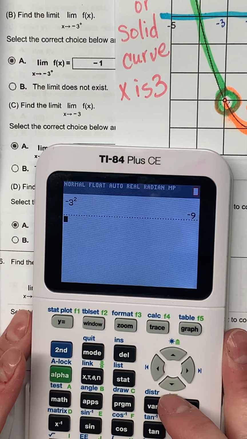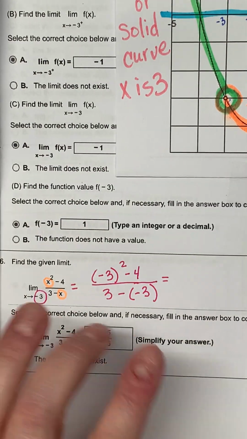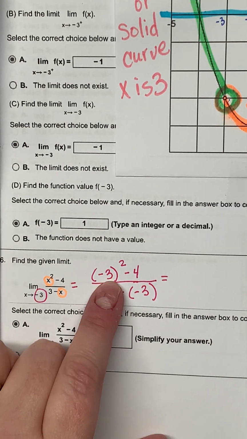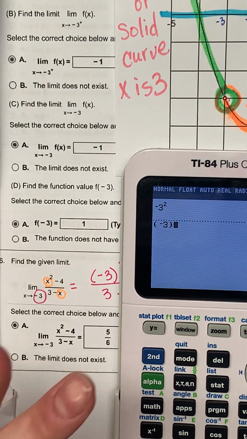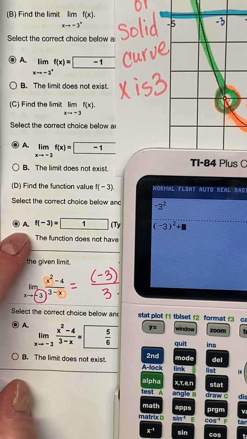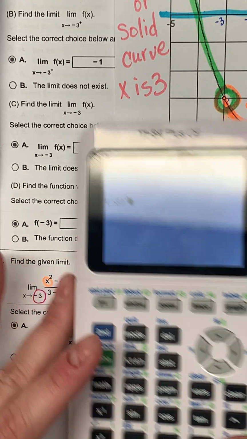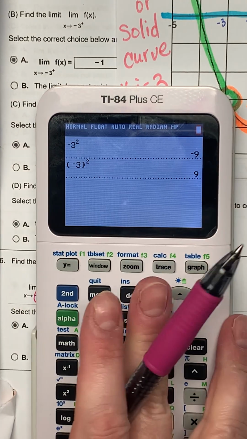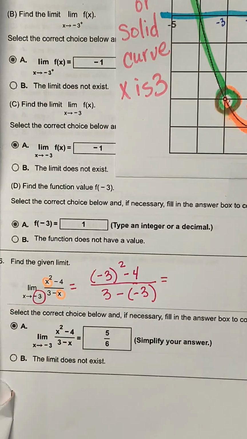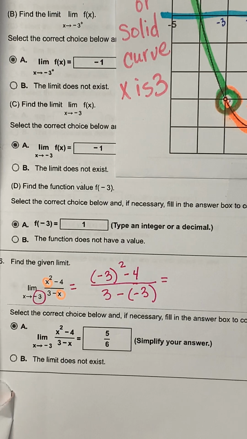That spits out -9. But we want -3 in parentheses squared. Now that I have parentheses, I get +9. So make sure you use the parentheses. Otherwise, the calculator doesn't know what's going on.